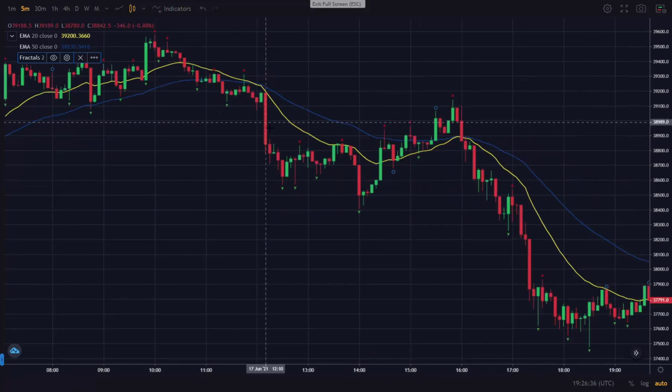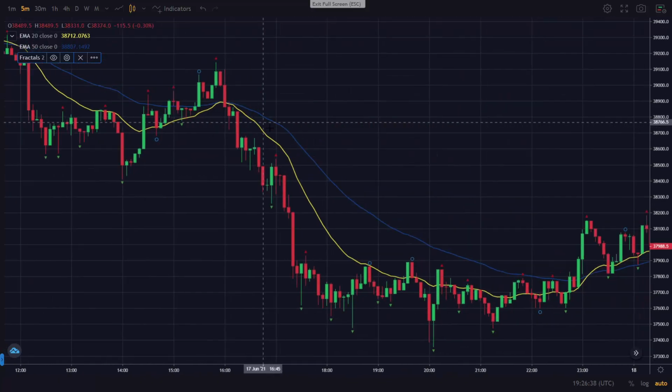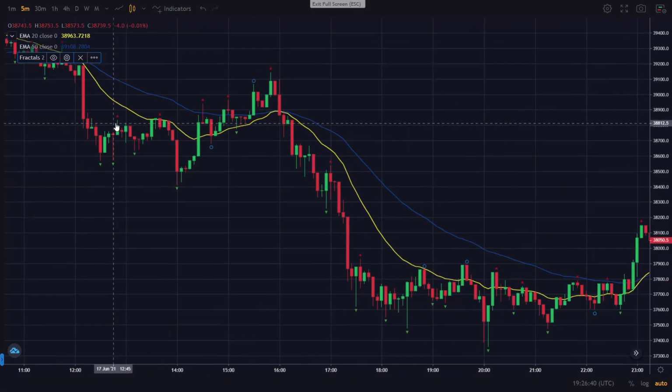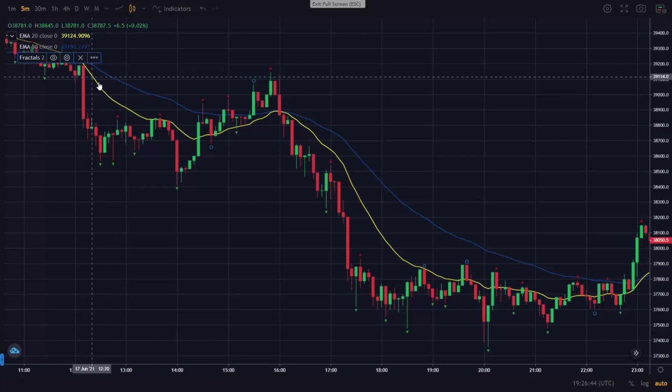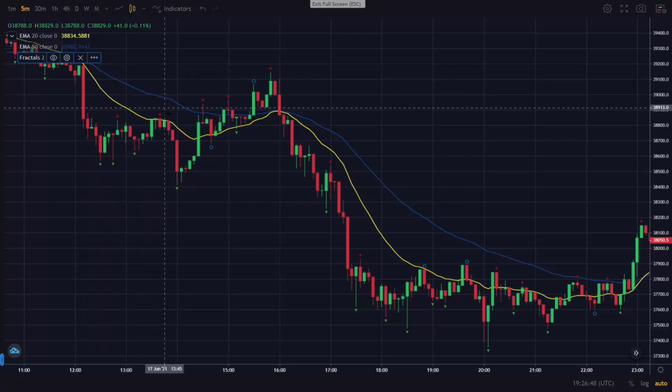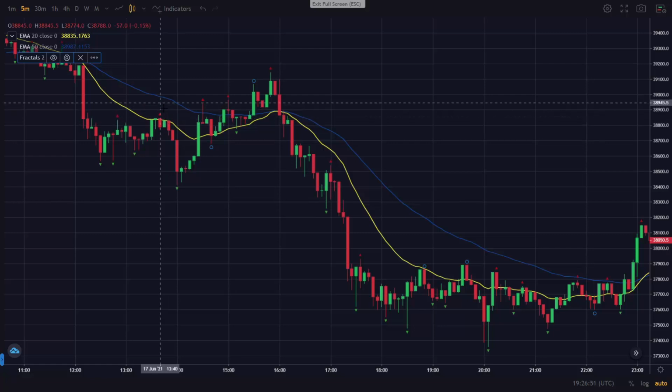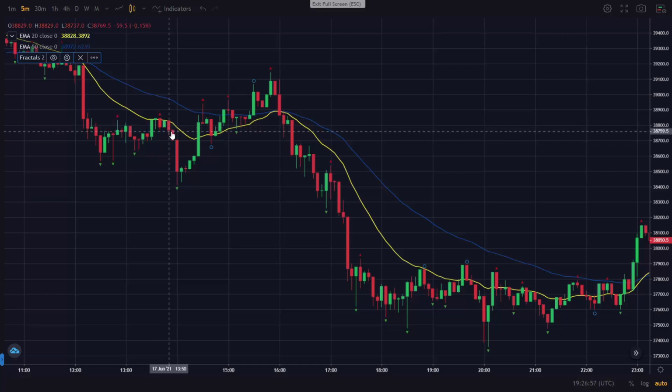Now for a short trade, it's the inverse. What we're going to want is for the 20 period EMA to be below the 50 period EMA to confirm we are in a downtrend. And once again, we want the Williams fractal between these two EMAs. So as you can see here, our entry point will be here. And as you can see, price dropped in the next 10 minutes.